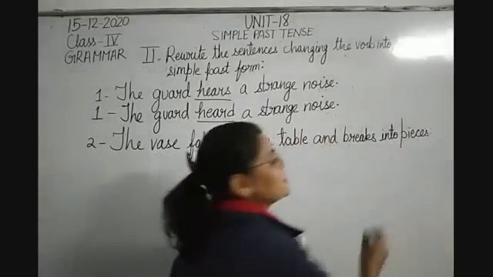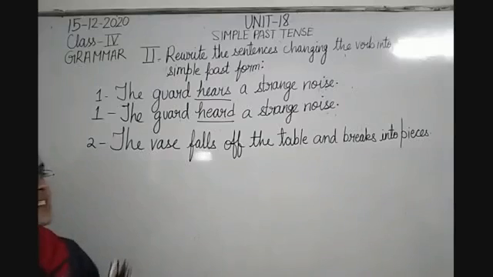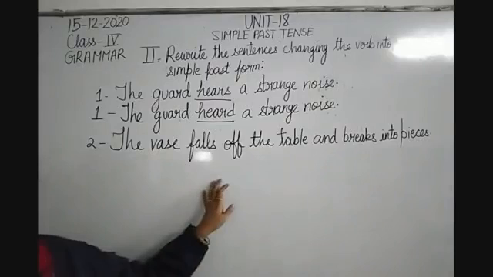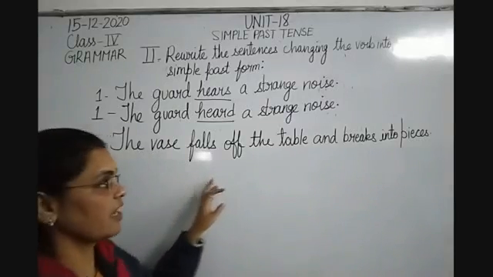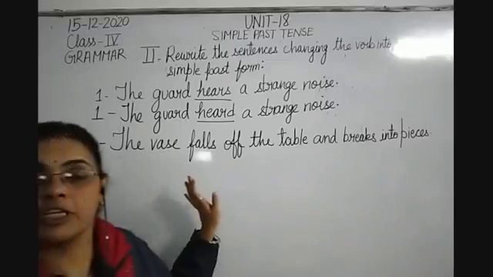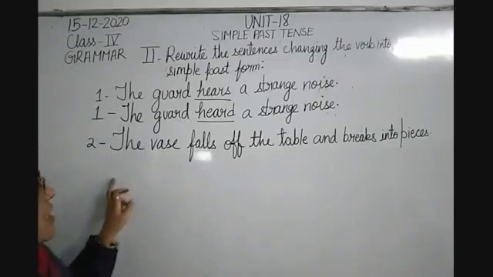This is the sentence. The vase falls off the table and breaks into pieces. Fine. अब इसमें हमें क्या करना है? We need to identify and underline the verb.